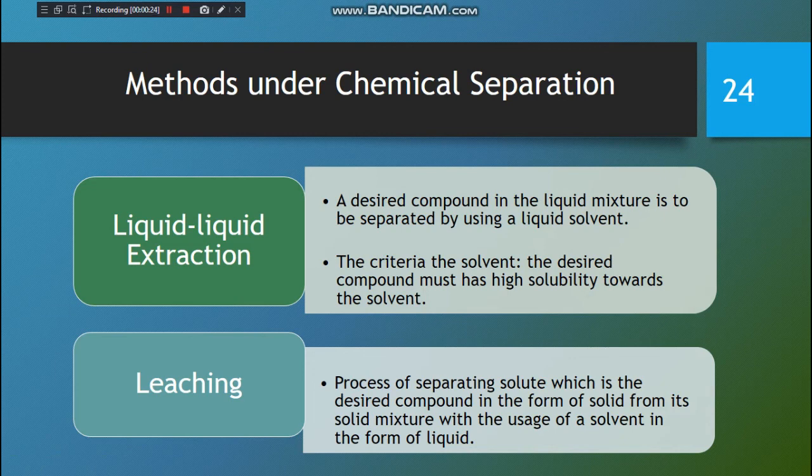There are also many definitions concerning the method of LLE, or liquid-liquid extraction. One of the definitions states that in liquid-liquid extraction the two phases are liquids, where the solutes are removed from one liquid phase to another liquid phase.